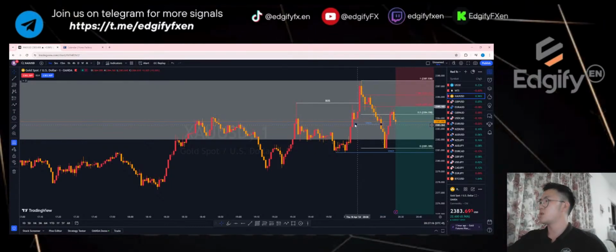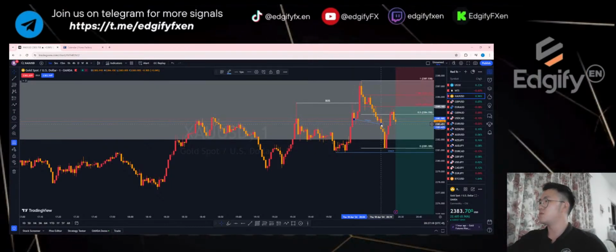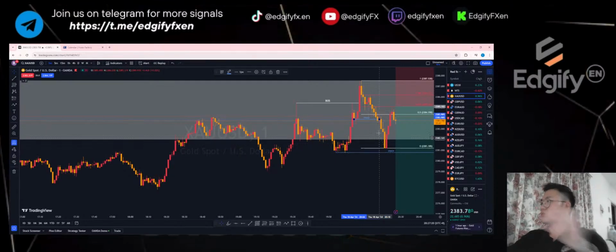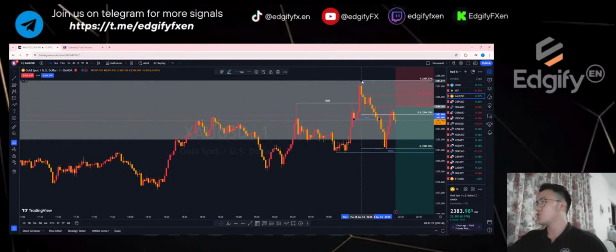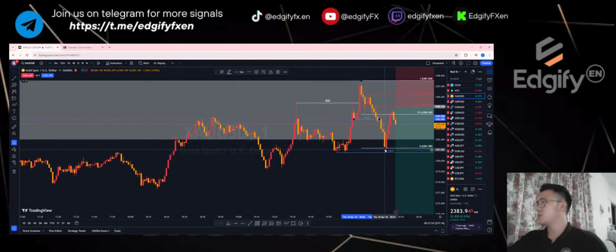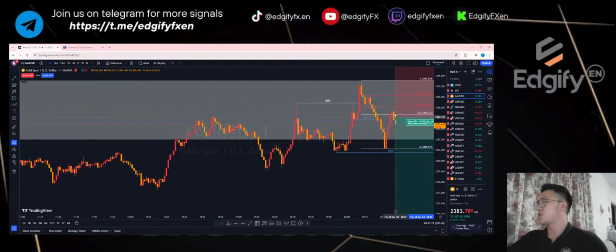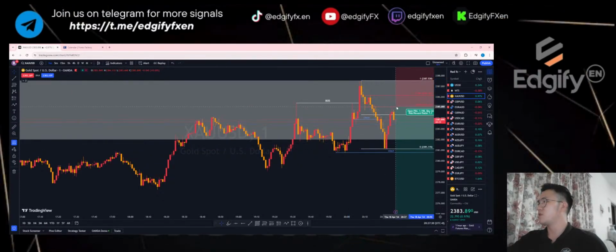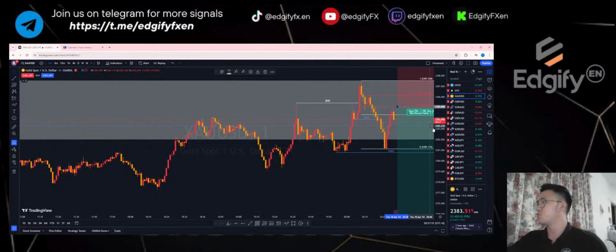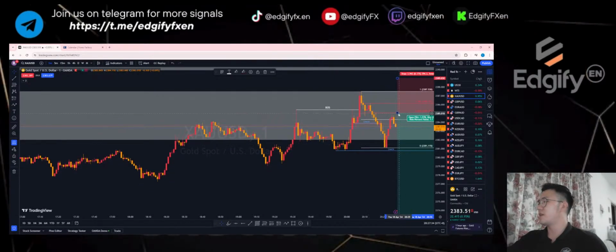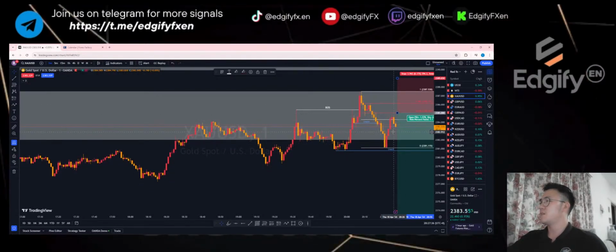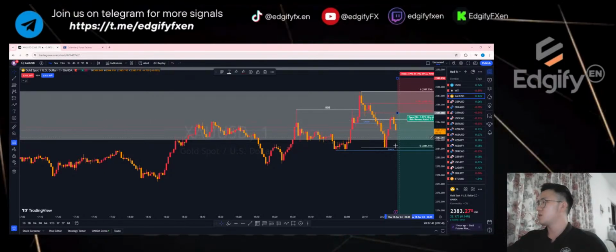You can use this level or this level, either one. Of course, as usual, flip the Fib from the top to the bottom, and entry is at 0.618 or 0.5, depending on whichever price level you prefer. For me, I prefer 0.6, but taking it at 0.5 means you won't be missing out on any trade. Okay.